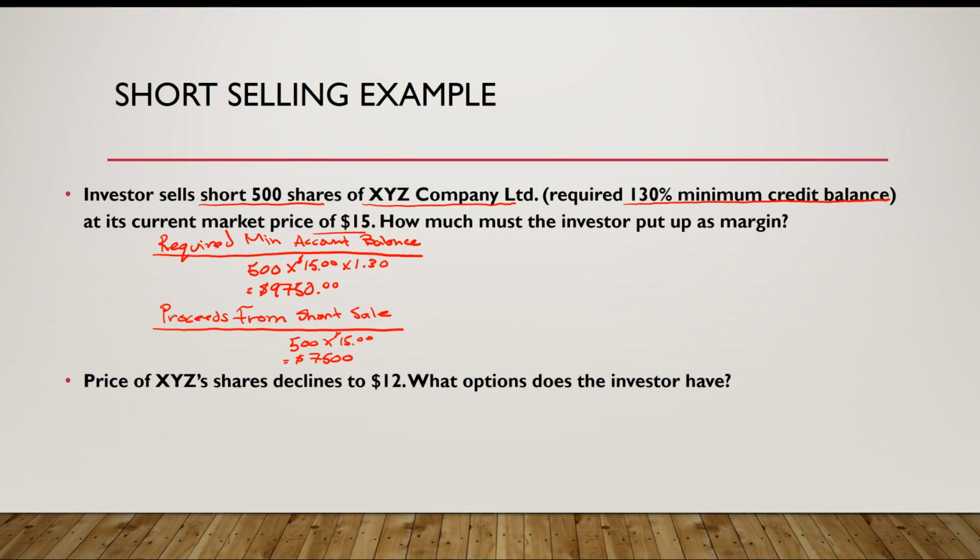So we're going to take that 7,500 and what are we going to do? Well, we're going to put it in our minimum account balance. So now the required money or capital we must put in to our account is going to equal now this minimum account balance requirement. So that's going to be $9,750 minus the proceeds that we've sold those securities for, minus $7,500.